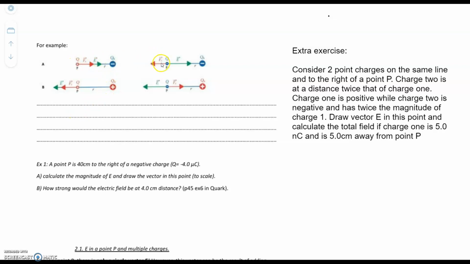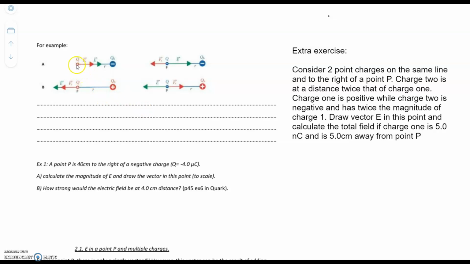Now, what are the other situations then? Well, the next rule is quite simple. If you introduce a different charge into point P, that charge will have a force exerted onto it.